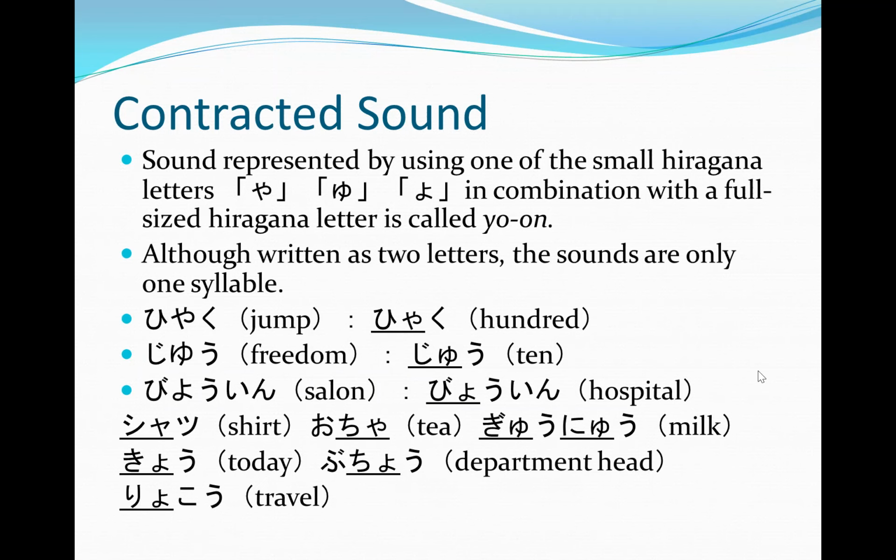All right. So let's repeat all of the words again. I'll be telling you the English terms and you'll be responsible for saying the Japanese terms. I'll give you a few seconds before I give you the right answer. Let's go. Jump. Hiyaku. Hiyaku. Jump. Now, 100.